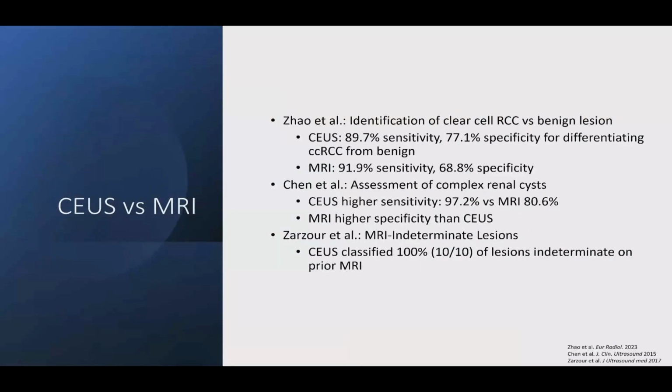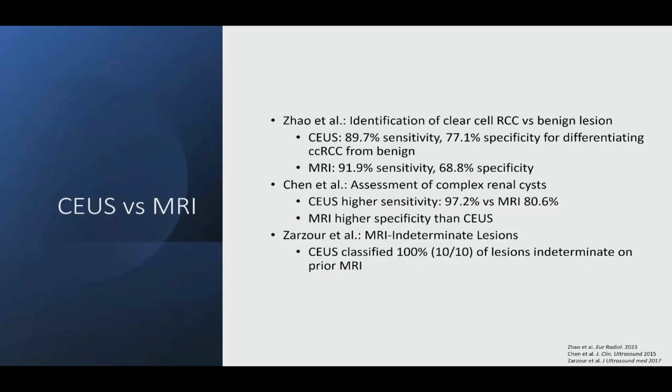Different studies also looked at its performance compared to MRI. Zhao and colleagues looked at the ability of CEUS to differentiate clear cell RCC from benign lesions, and they found that both imaging modalities had comparable sensitivity and specificity at doing so.